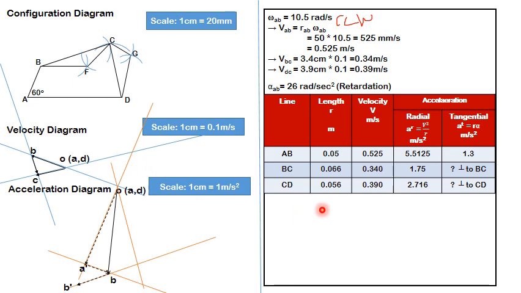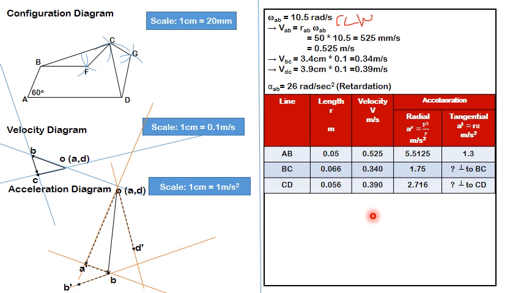Now, similarly for CD, draw a line parallel to CD, which is of length 2.7 centimeter, and its length you have to show, OD dash or DD dash I have drawn. It is parallel to CD and its length is 2.7.